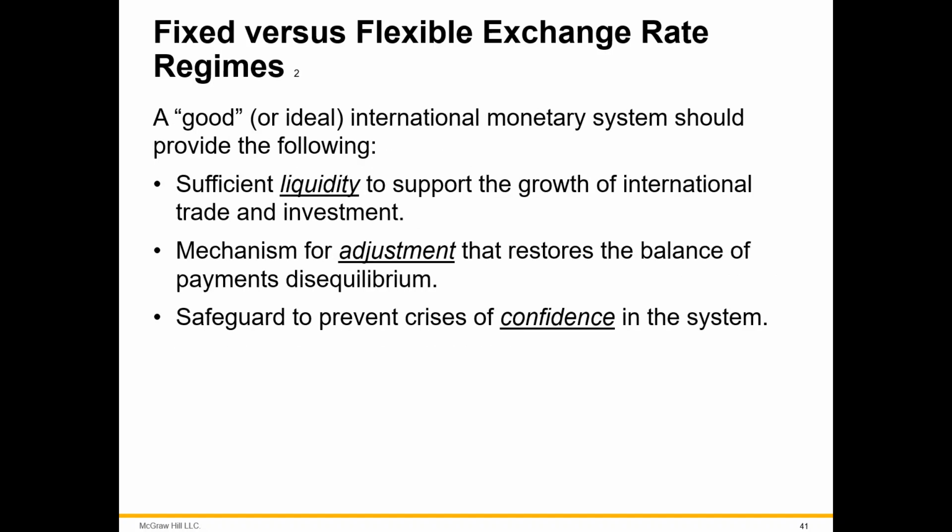You'd want things you want in a monetary system. So you want sufficient liquidity to support growth of international trade, right? You want to have enough transactions happening to make it work. That's why we talk about reserve currencies, because if I'm a country with a small local currency and I'm trying to deal with another country with a small local currency, there might not be enough transaction volume for it to be practical, right?